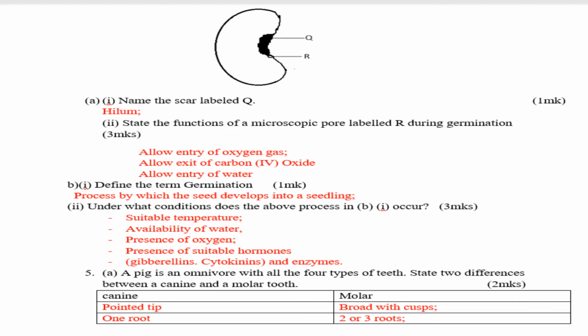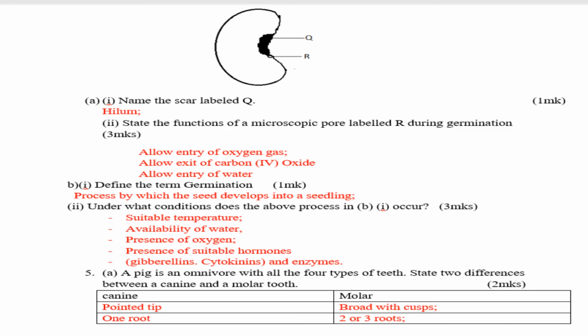That one is a requirement for germination. Then we have presence of suitable hormones, which are triggered by these conditions that we have talked about here. Then we have availability of enzymes. It is also important for germination to take place.